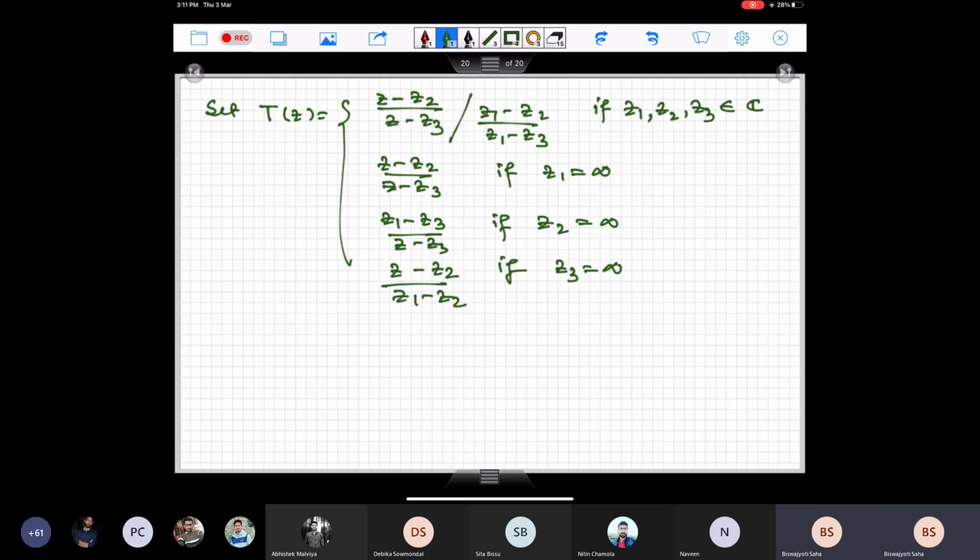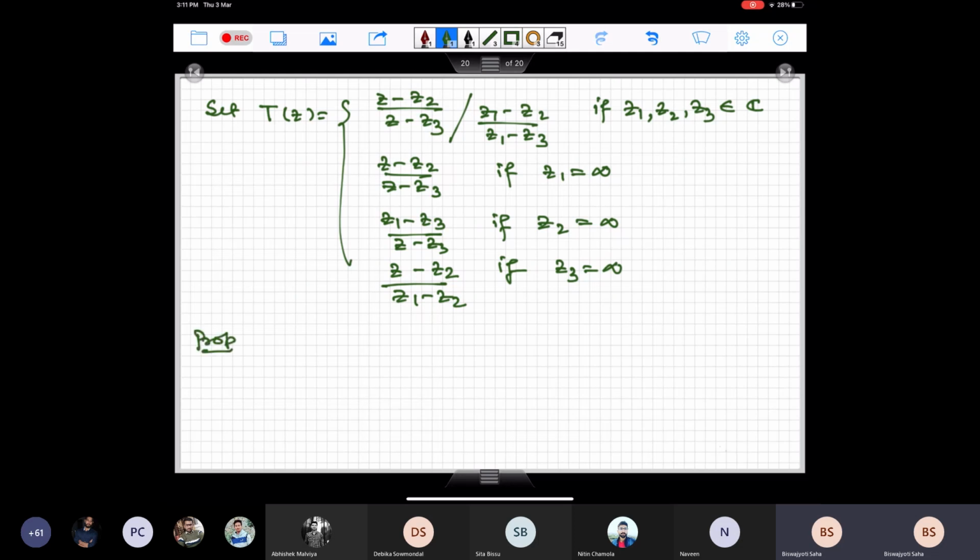Yes, sir. Okay. So now, here I have given you a prescription to find linear Mobius transformations which are taking values 1, 0, and infinity at prescribed points z1, z2, z3.